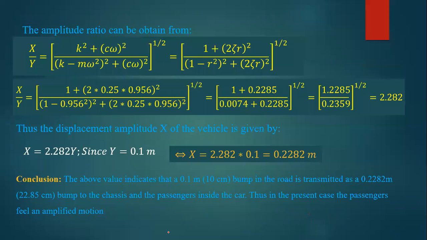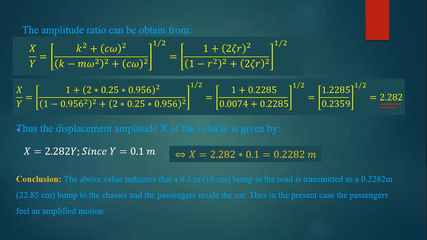Then the amplitude ratio is directly from the equation developed in the previous discussion. We have zeta given and r given, so we substitute these values to get x over y. From that, 2.282 is the amplitude ratio.